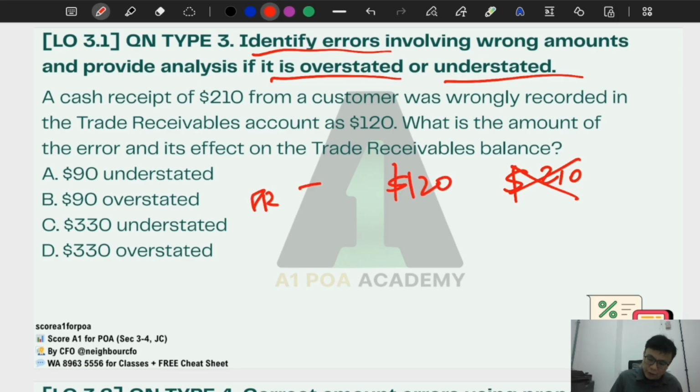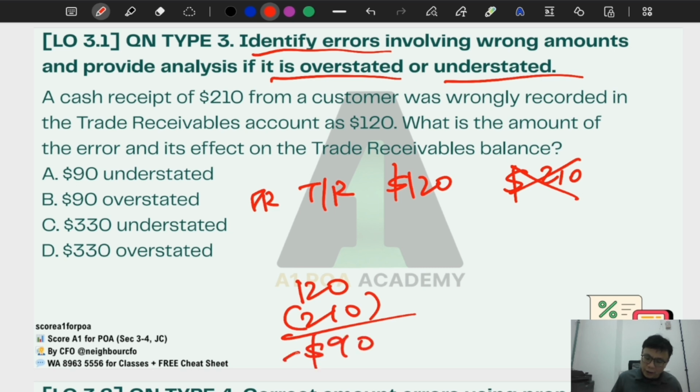So debit trade receivable 120 instead of the correct one, which is 210. What is the amount of the error and its effect on the trade receivable? A quick one: 120 and 210. The difference will be, of course, $90.